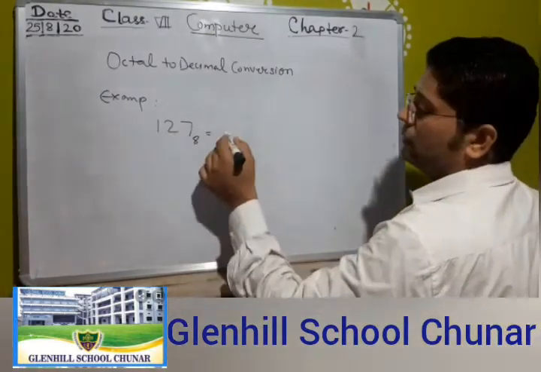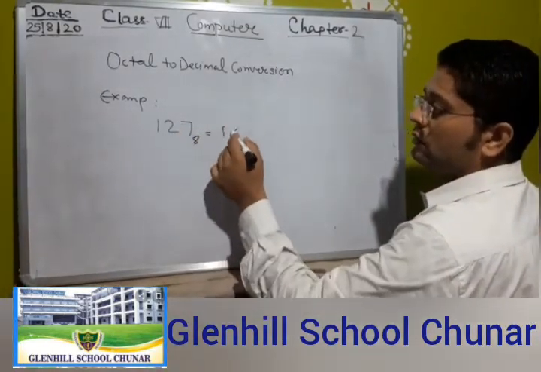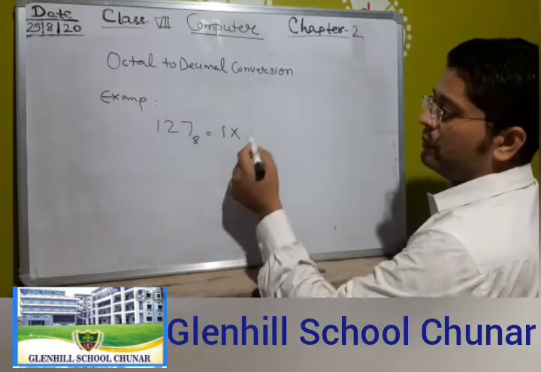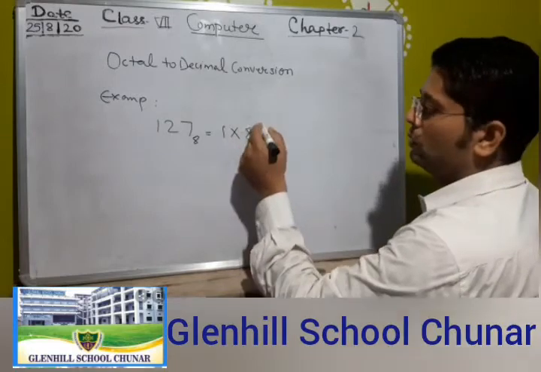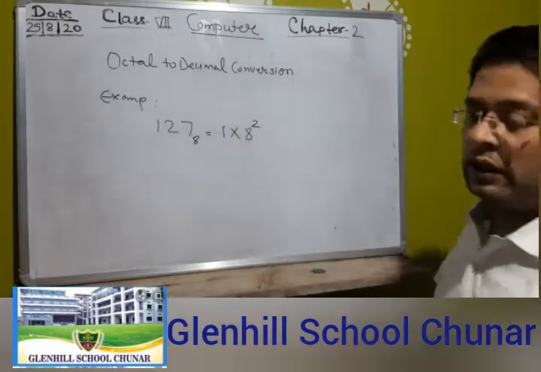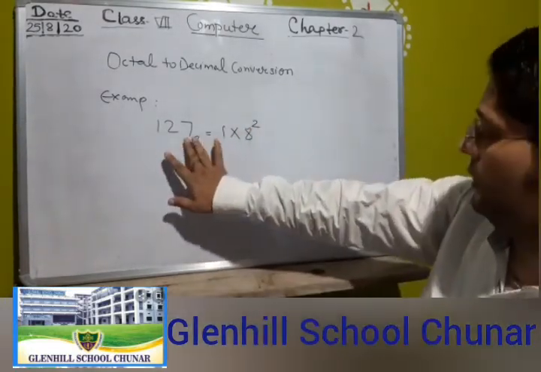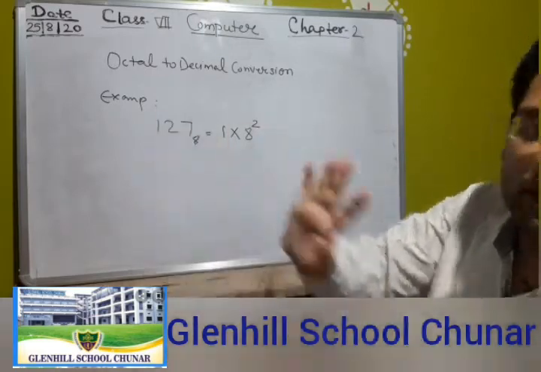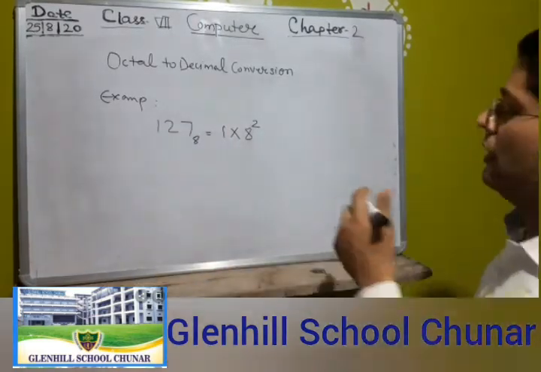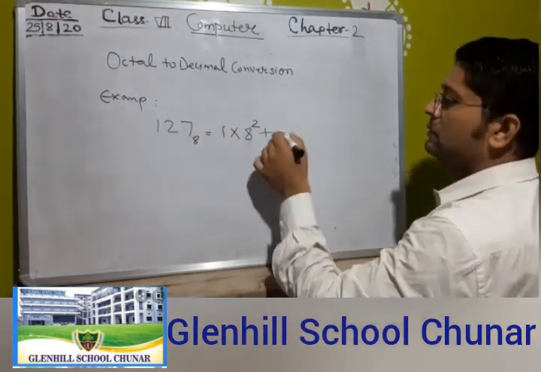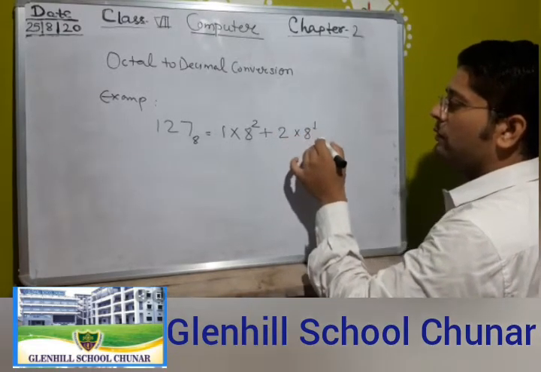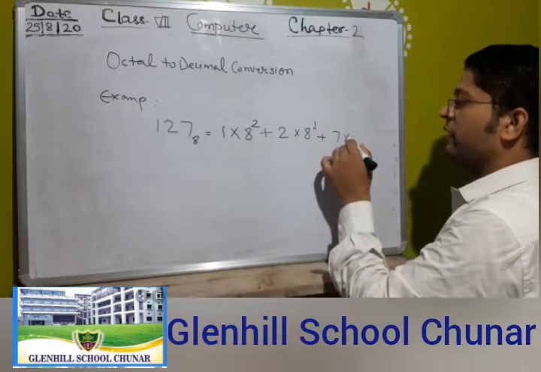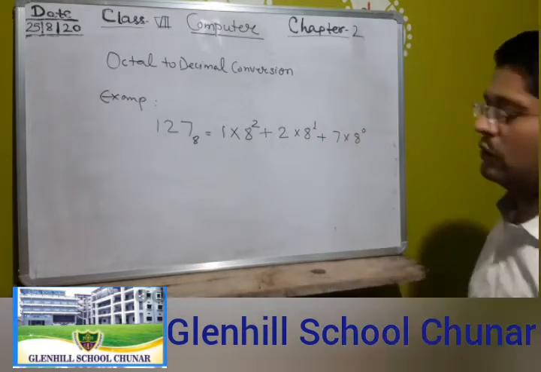There are 3 digits, so we write 1 multiplied by 8 with power 2, plus 2 into 8 power 1, plus 7 into 8 power 0.